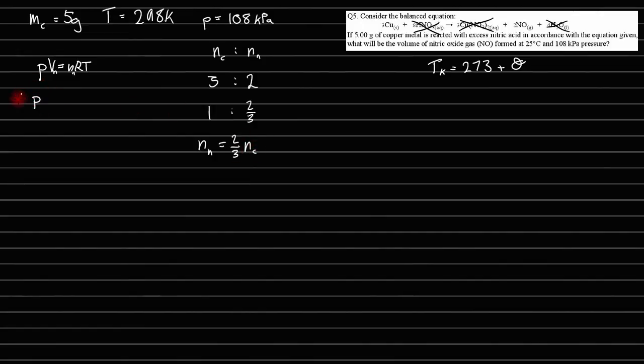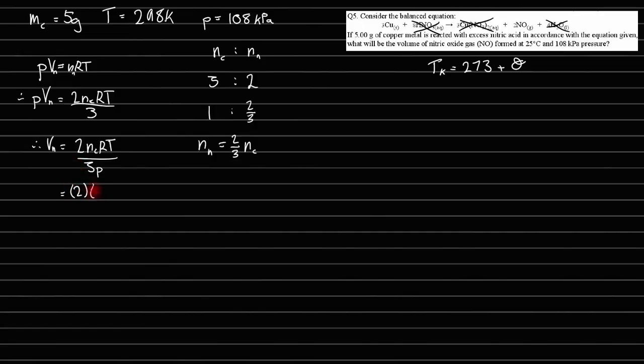So we can take this a step further to say that pressure times the volume of nitric oxide gas is equal to 2 times the number of moles of copper times the universal gas constant times temperature, over 3. Rearranging to make volume the subject, we can divide through by pressure. Then we'd have 2 n_C R T over 3P. And finally, we can just substitute in our values.